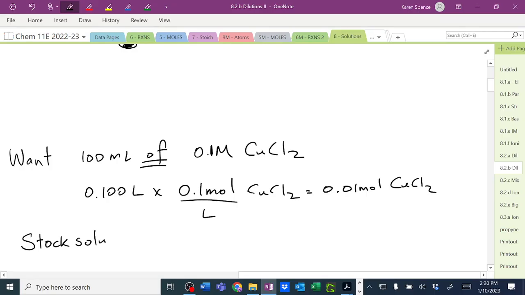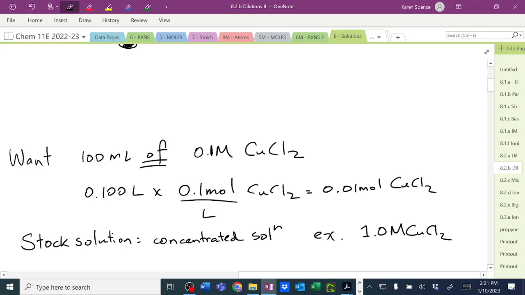The stock solution, and that is a concentrated solution. In this case, we have 1.0 molar CuCl2.